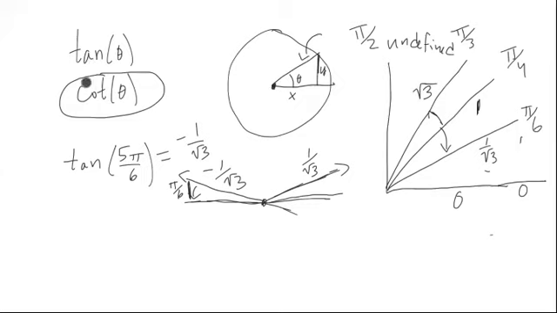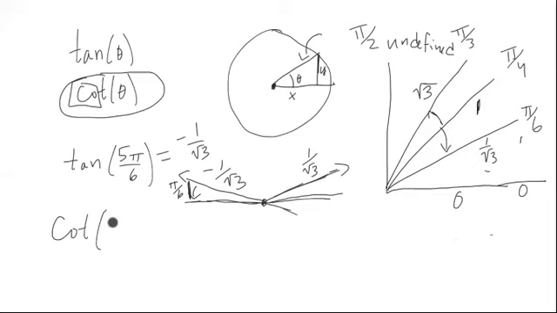Hence, that's why they're actually called cotangent. It's because it's a companion of tangent. They're across here, by this reflection idea.